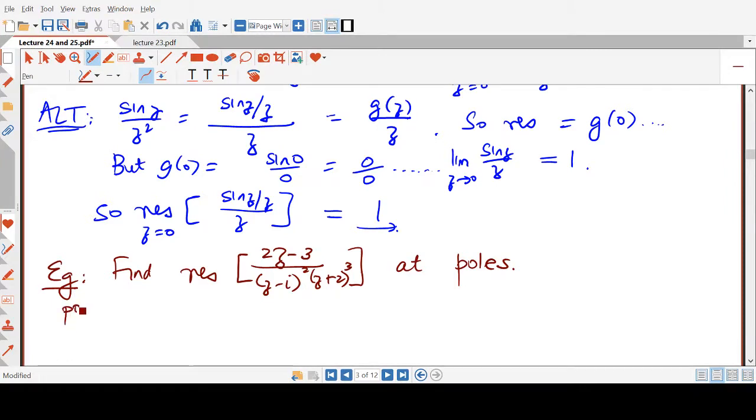So firstly, let's work out the poles. The poles will be where the denominator becomes 0: z equals I, and z equals minus 2.